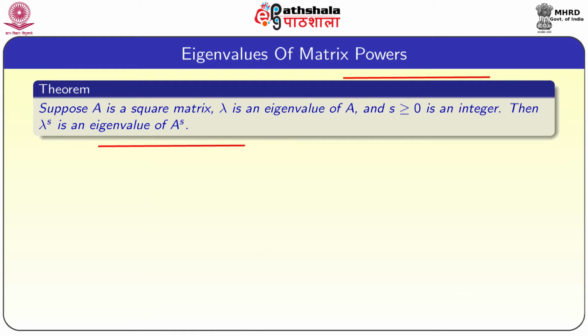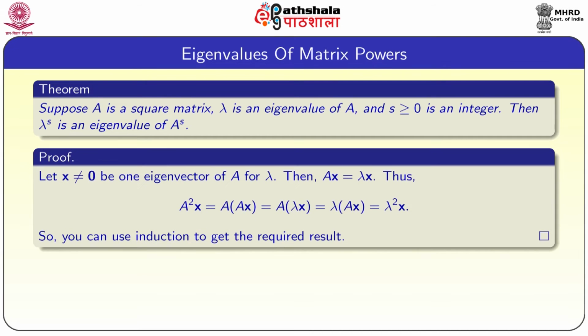Suppose A is a square matrix, lambda is an eigenvalue of A, and s is an integer greater than or equal to 0. Then lambda power s is an eigenvalue of A power s. The proof goes like this: let x not equal to 0 be an eigenvector of A for lambda. Then Ax equals lambda x.